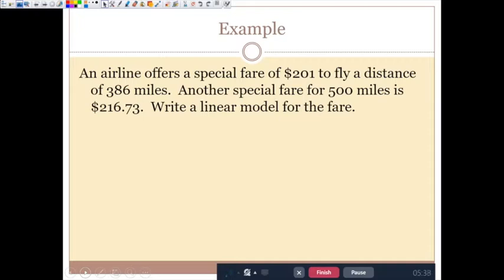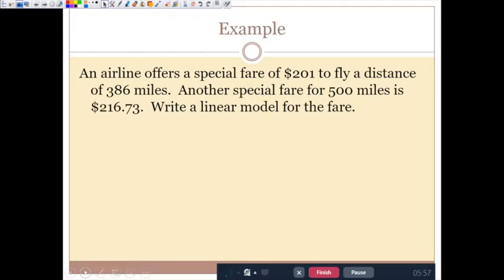Okay, do I have anything that says per mile or per dollar? No, so I don't have a M, I don't have a slope, a rate of change. So I have to find my M, my rate of change.